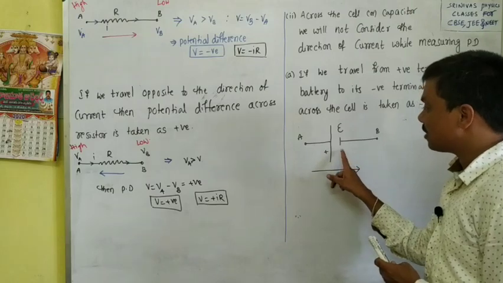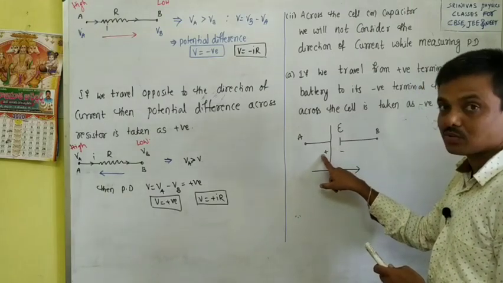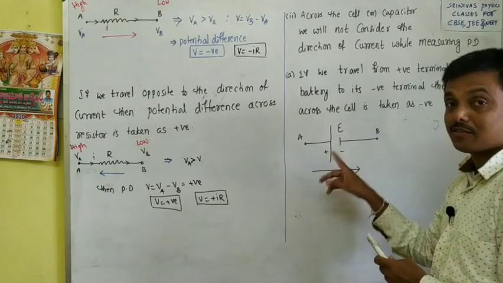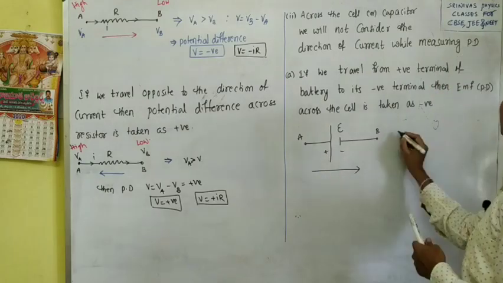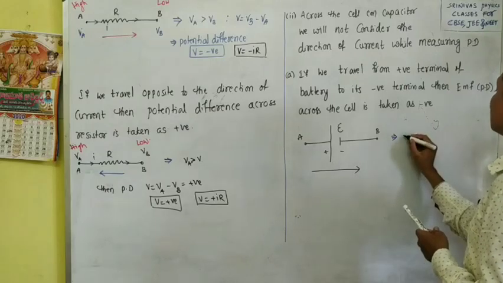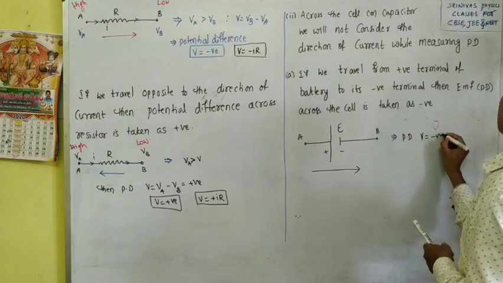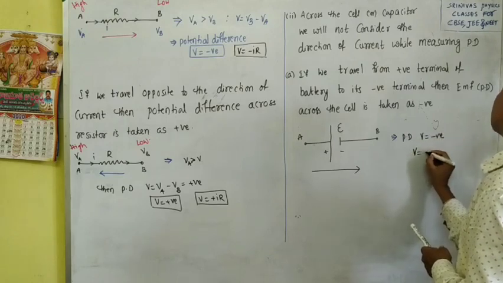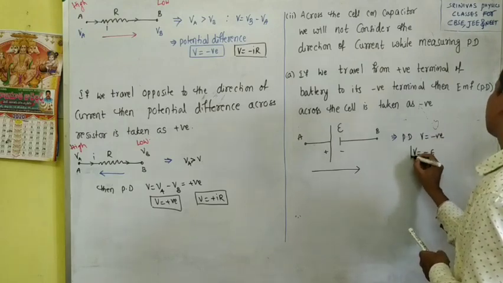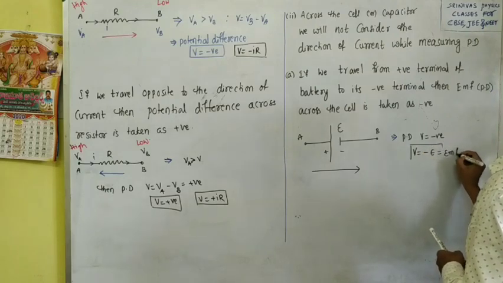Final minus initial, low minus high, so the potential difference is negative. Here the potential difference you have to take as negative, V equals minus E. This potential difference is equal to the EMF of the cell.